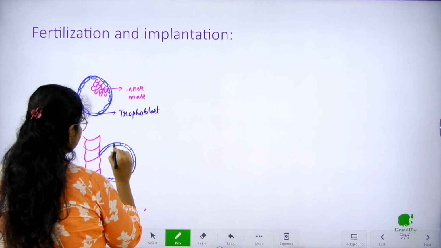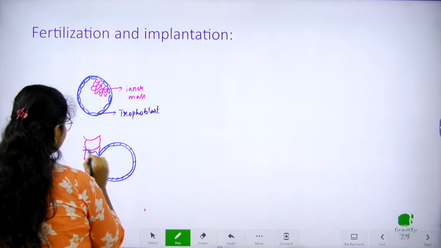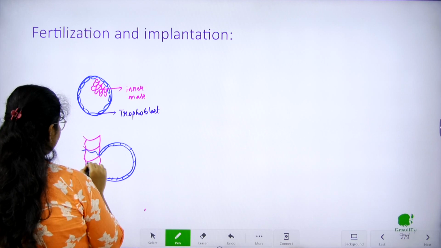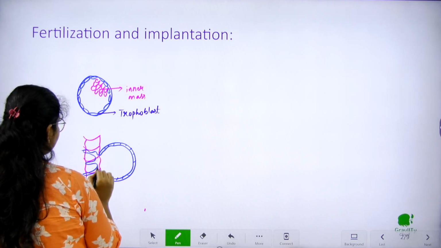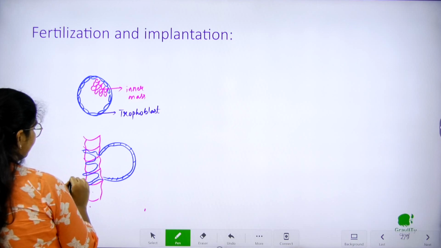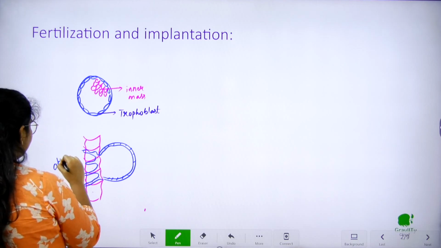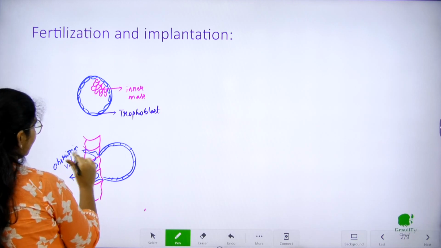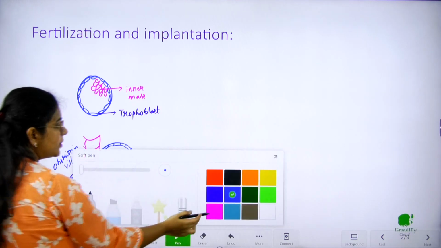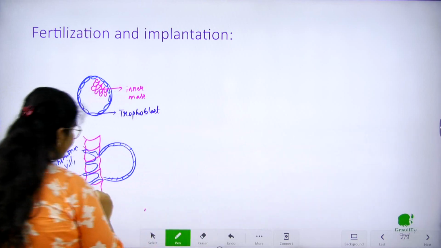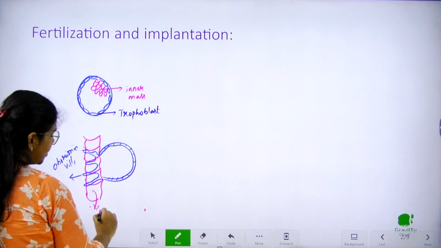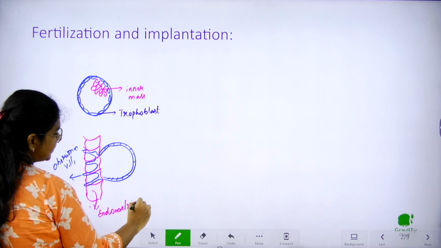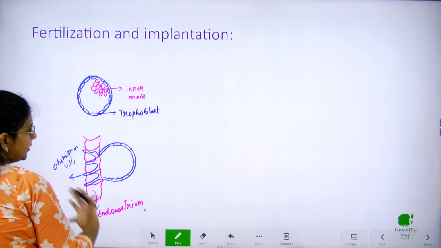They will start producing villi like this, and these villi will pierce into the endometrium. Yeah, this is how it is formed. These villi are called chorionic villi. They get interdigitated into what? The endometrium of the uterus. Like a tree, it is going to give branches. In a similar way, the embryo is going to give branches to fix itself into the wall of the uterus. Clear, guys?